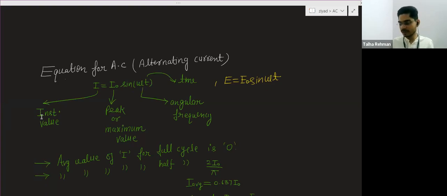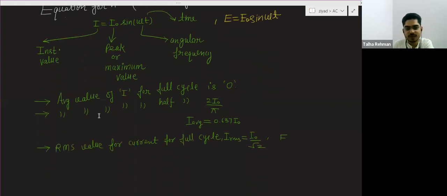Instantaneous value means the current at any instant of time. I naught is the peak value or maximum value. Omega, I have told you, and time.